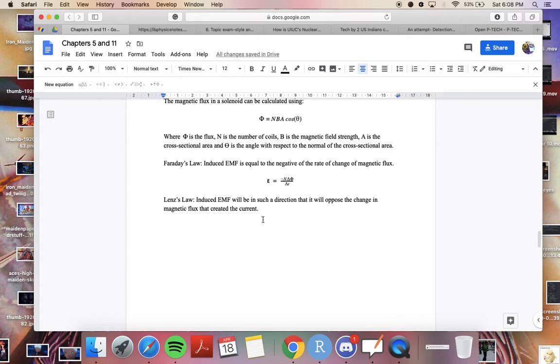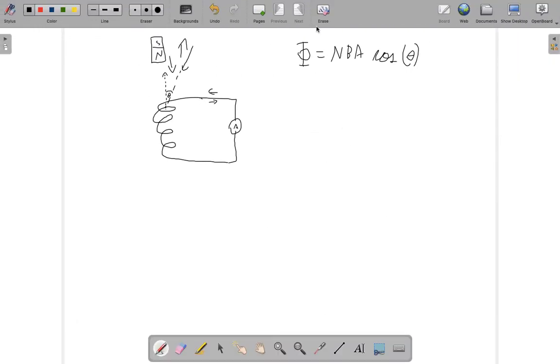Next, we have Faraday's law. Faraday's law states that the induced EMF is equal to the negative rate of change of magnetic flux. So what this means is how large an EMF is being generated in our solenoid or our conductor is entirely dependent on the rate at which the magnetic flux that the coil experiences changes.